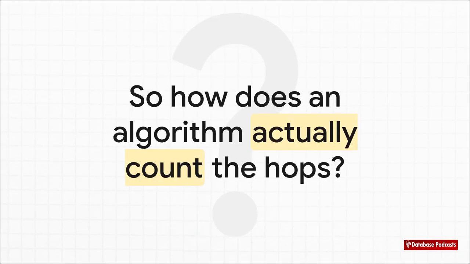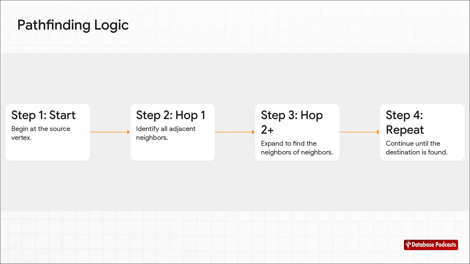Okay, so we get the problem, and we know why our old database tools might not be the best fit. But how does a graph algorithm actually do it? How does it count the hops? Well, it's actually way more intuitive than you might think. Imagine you drop a pebble into a calm pond. The algorithm starts at a single point. Let's say that's you. The first ripple that spreads out, that's all your direct friends.